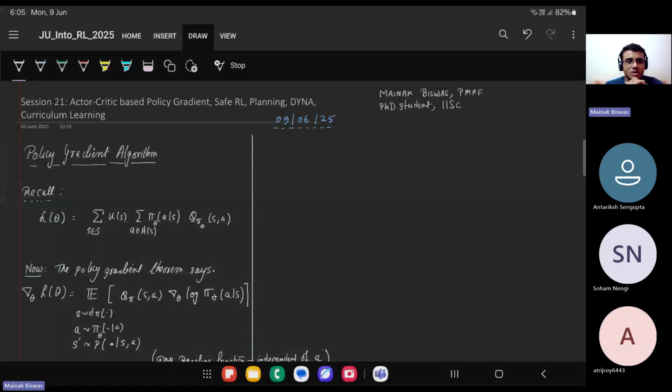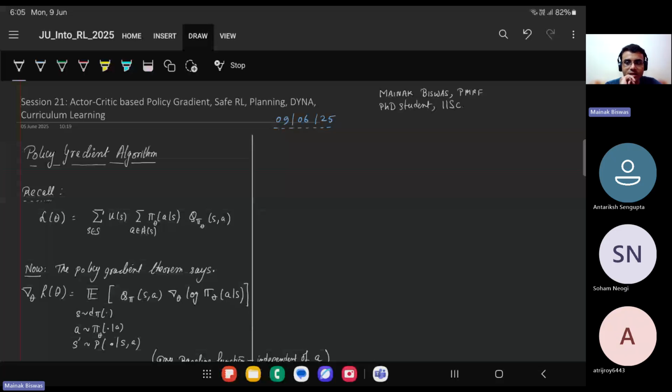Good evening. Welcome to the last session of the course, Introduction to RL. As we know, we have completed all the classical RL algorithms and also the modern algorithms like policy gradient and neural networks.